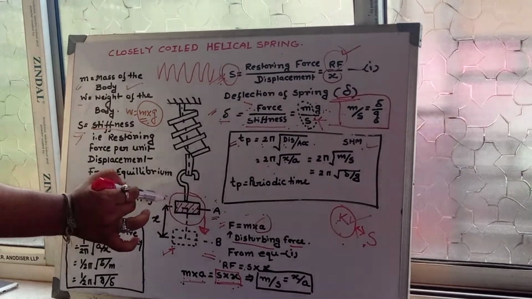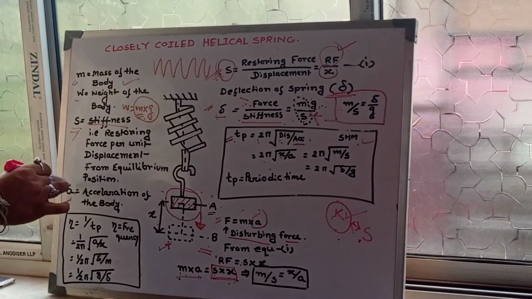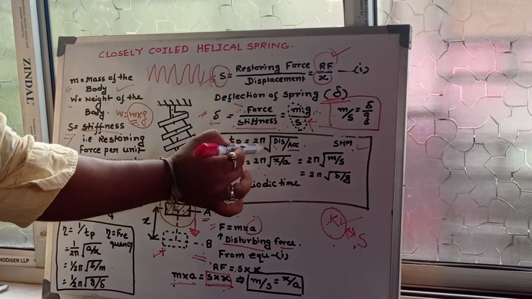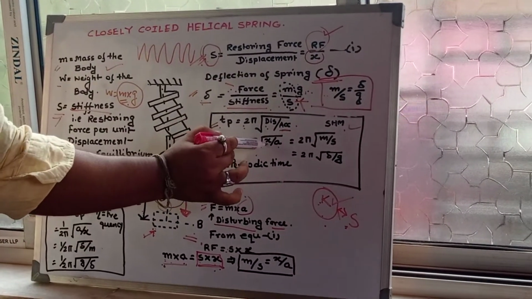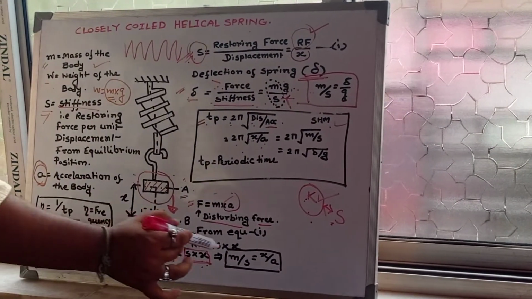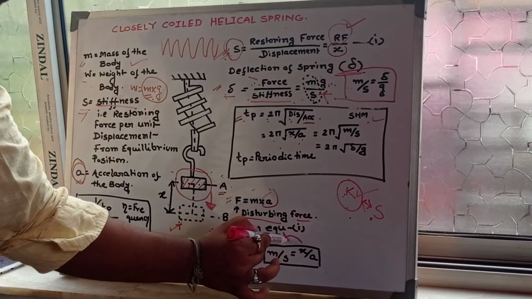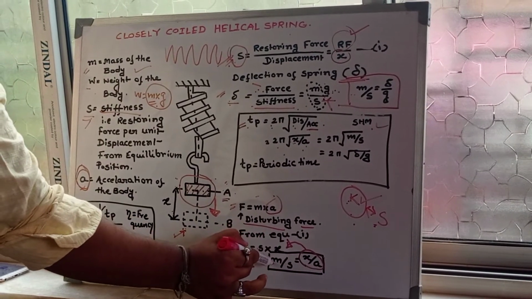This amount is the displacement, divided by acceleration. A is the acceleration. So x by A. Now you can see x by A has the same meaning as M by S. So we can also write x by A equal to M by S.